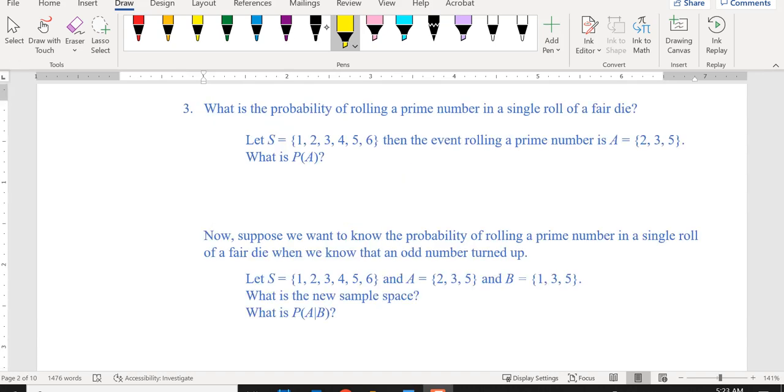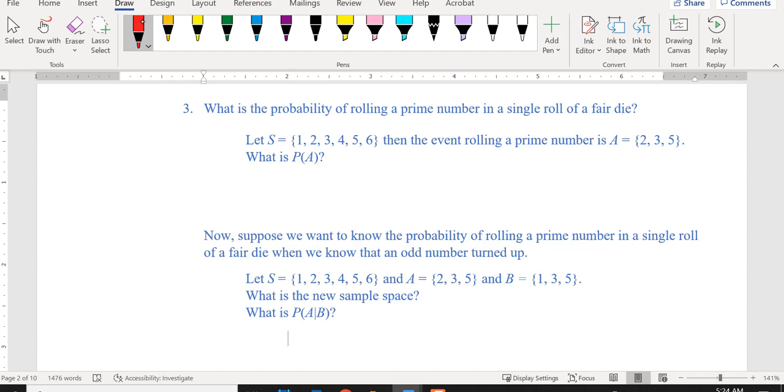Okay, so let's start computing some of these things. What is the probability of rolling a prime number in a single roll of a fair die? So our sample space is going to be S equals the numbers 1 through 6. The event of rolling a prime number, we're going to let that event be A, and the prime numbers are 2, 3, and 5.